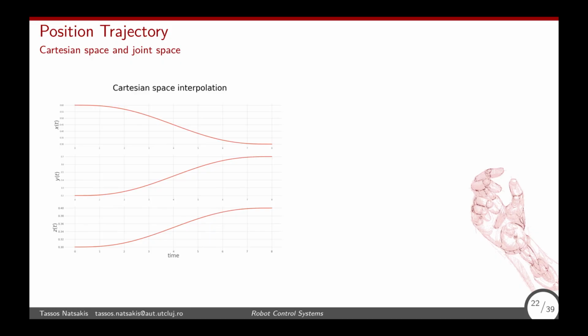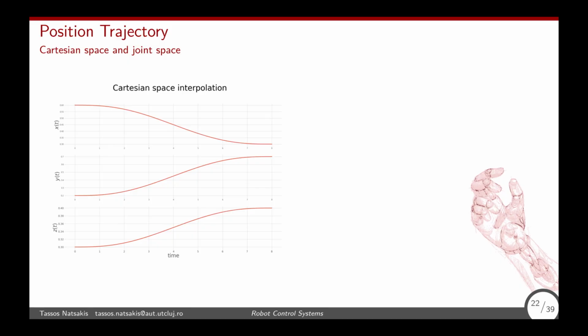I'm not sure it's the same values, but anyway, the idea is the same. We have some starting values, ending values, and you see the smooth transition where velocities and accelerations are 0 at the beginning and at the end for each one of the three independently, right? And then I have to sample and solve the inverse kinematics at whatever sampling rate I choose. I can do it every second, every half a second, every half a millisecond, depending on the accuracy.